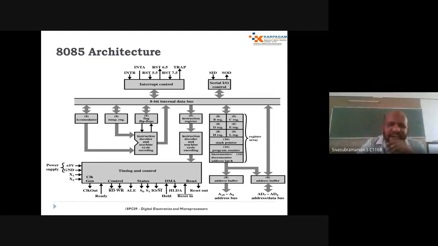Now looking at the stack pointer, it is an area in the random access memory in which all your temporary information will be stored. Out of all the temporary information stored, you will follow the FILO basis, first in, last out.